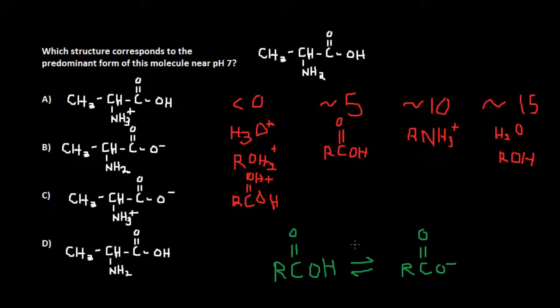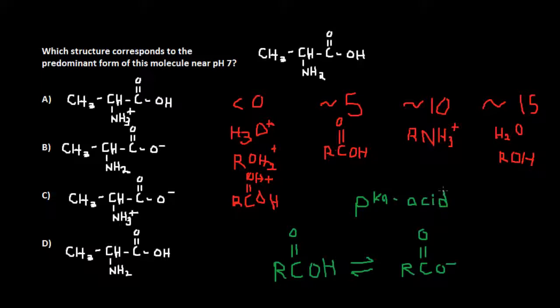The pKa of this carboxylic acid is given by the equilibrium point when the ratio of acid to conjugate base is 1 to 1.